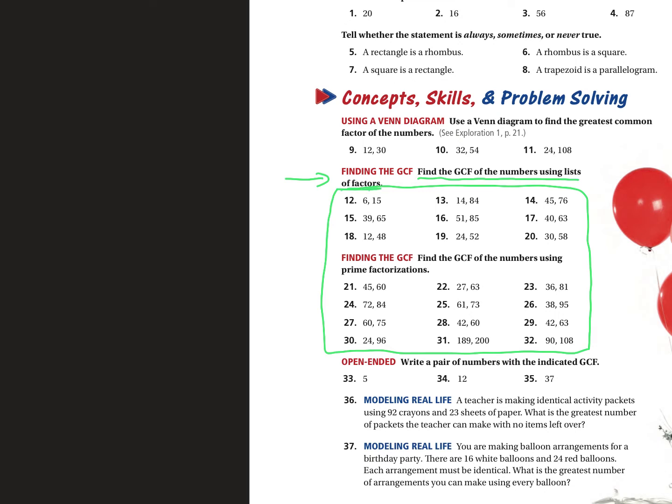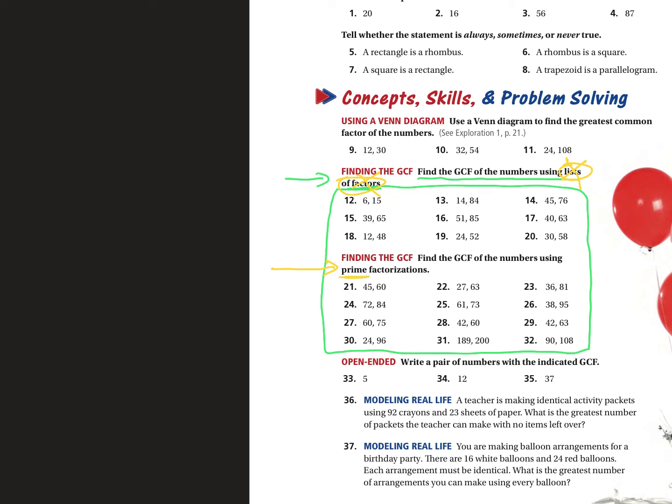See that right there? Lists of factors. You're not going to do this. I want to teach you one method to find GCF, and that's going to be this one down here, where you use the prime factorizations.